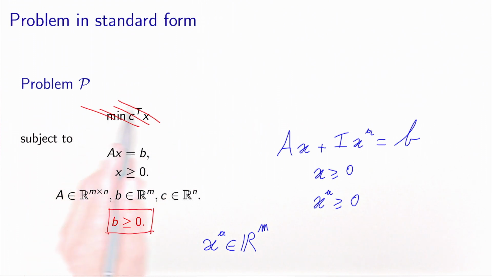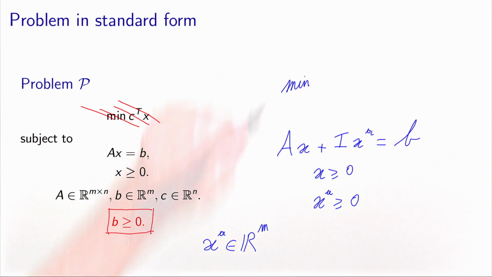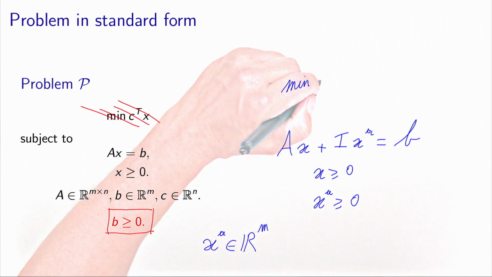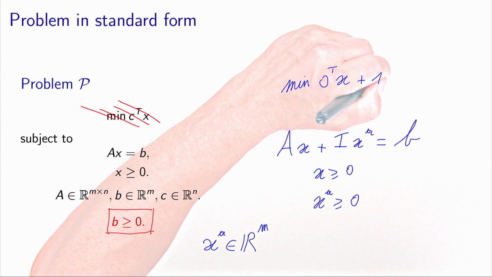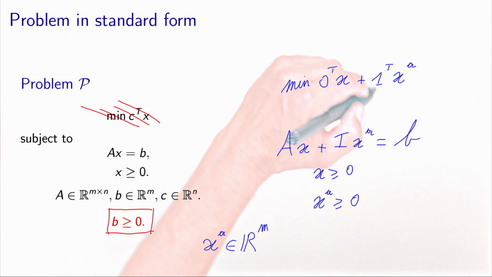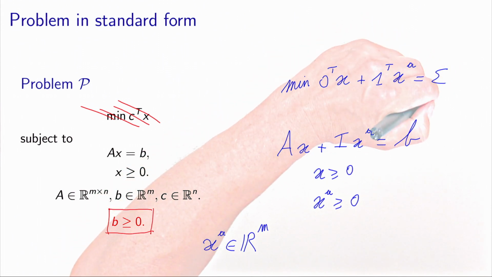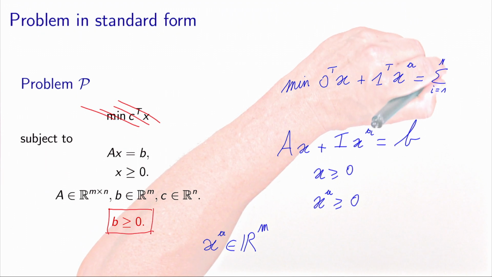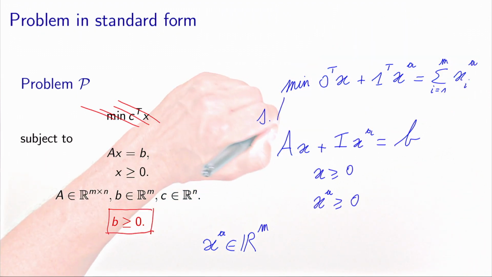We will replace this original objective function by another one that says get rid of the auxiliary variables. Mathematically speaking, we'll have an objective function that will not involve the original variables, and it involves only the auxiliary variables. So this notation here is a vector of all 1s, so this is equal to the sum for i equals 1 to m of xa_i.